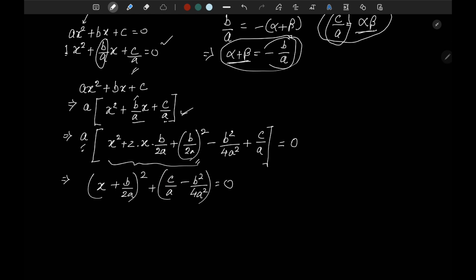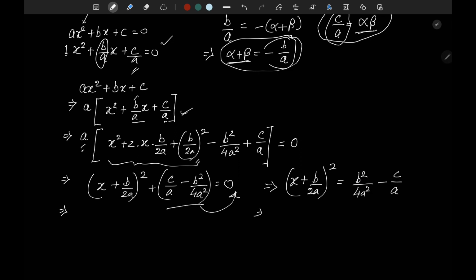We have divided a from both the sides. So if we take this one to this side, it will become (x plus b by 2a) whole square equal to b square by 4a square minus c by a.